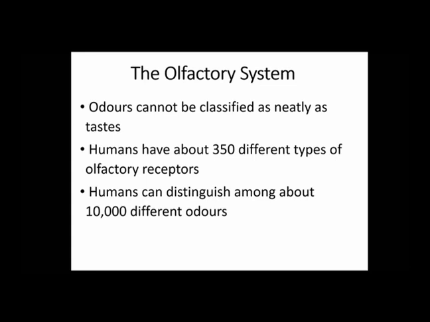These olfactory receptors in our noses each bind to different kinds of chemicals. The idea is that different shapes of chemicals, different volatile organic compounds, are going to produce different smells because they're binding to different receptors.